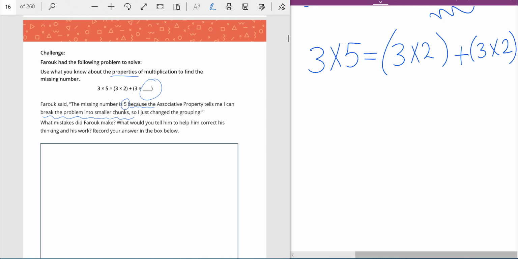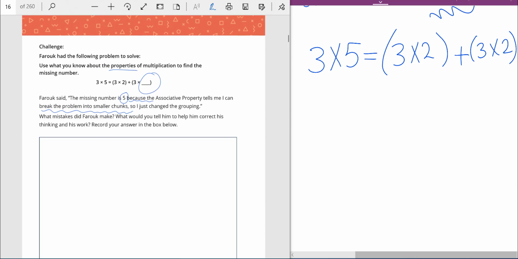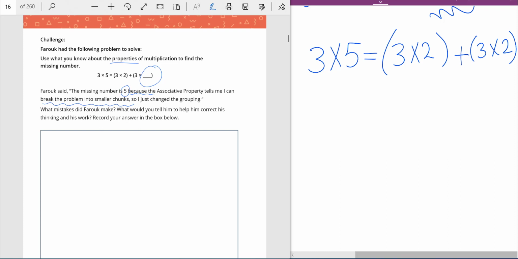But here, this is not the associative property. Yes, this is the distributive property. Okay, so 5 is wrong. Complete our exercise. What mistakes did Farouk make?